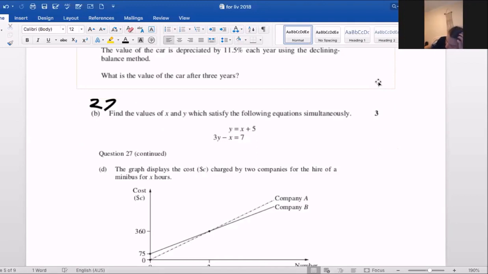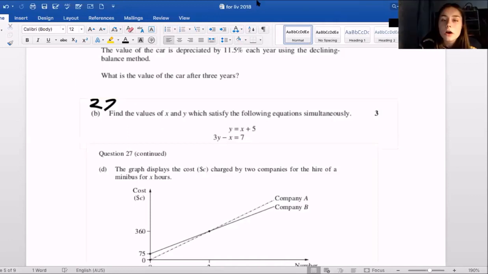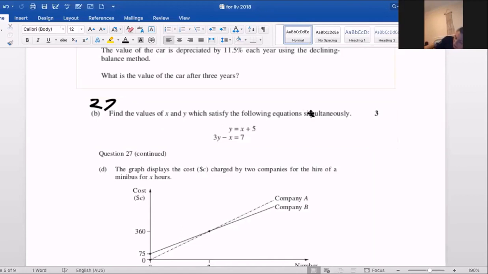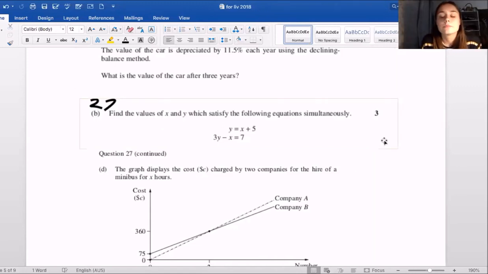Okay, wait. So I leave the y equals x plus 5. Wait, what have you got? Can you show me quickly? Oh, no, I just wrote the question down. I'm trying to figure out, like... Oh, okay, cool. Do I leave the y equals x plus 5? Yeah. And then in the second equation, the 3y, yeah, you can sub the y as x plus 5.